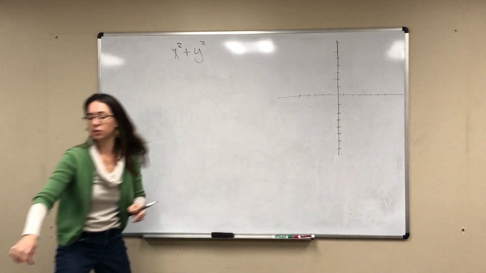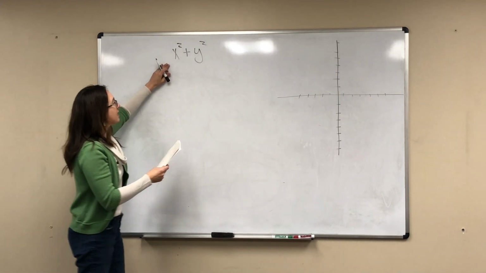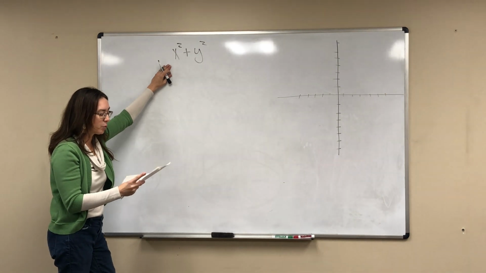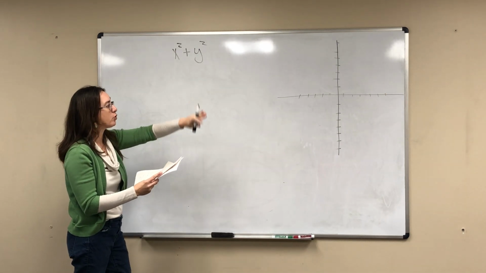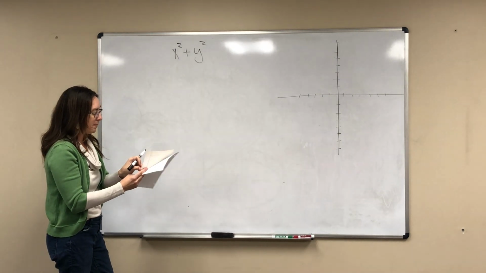All right. Now I'm going to try to follow my notes. Okay, so we have looked at parabolas having one squared term. For circles, when we curve in both directions, we've got two squared terms. So that's going to give us a circle, okay?